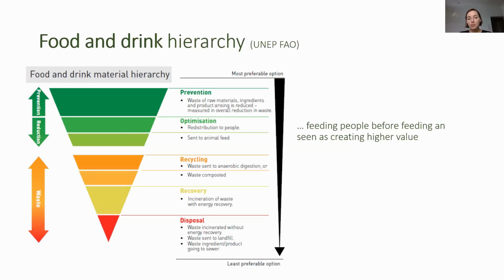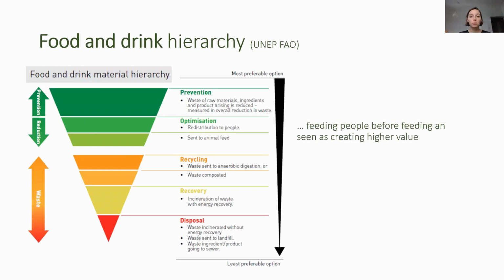And now the question is, why is anaerobic digestion above the composting? It's because if you have the anaerobic digestion, you get the biogas from it. So with that, you can make electricity, and you also have a substrate that you can use as a fertilizer afterwards. So you have two output products, the energy and the fertilizer.